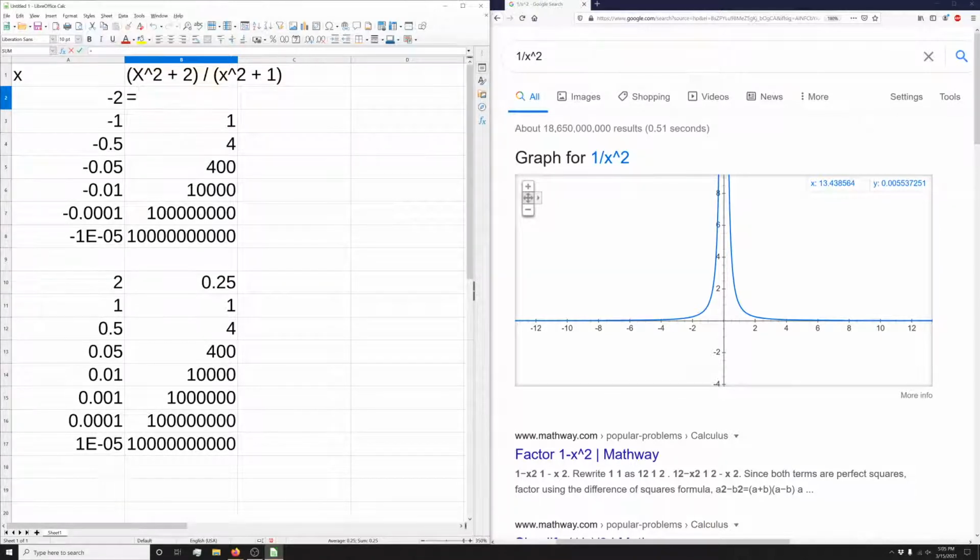And this is going to be what I put in my formula here. So I'll use this, and I'm going to square it, plus 2 divided by this function squared plus 1. And what I'm going to do is I'm going to not just use that.